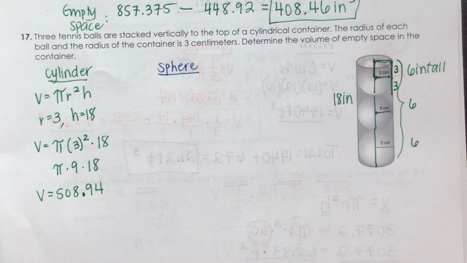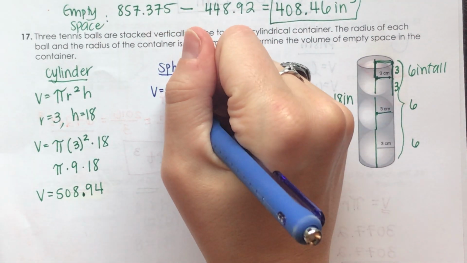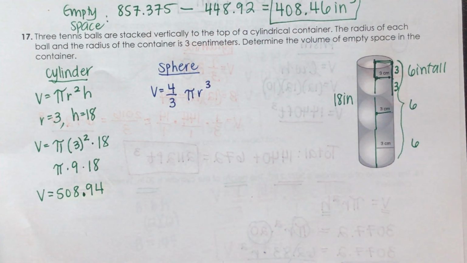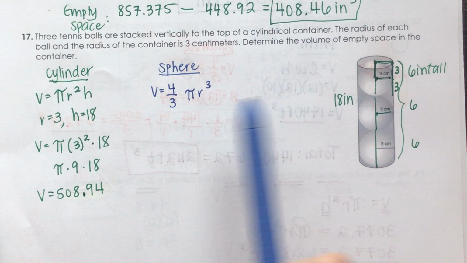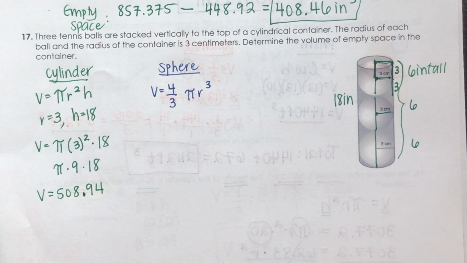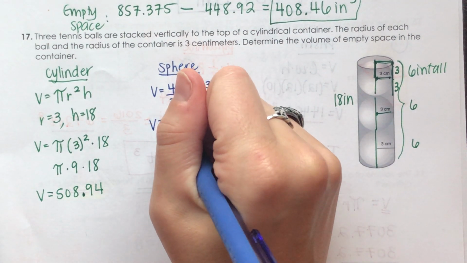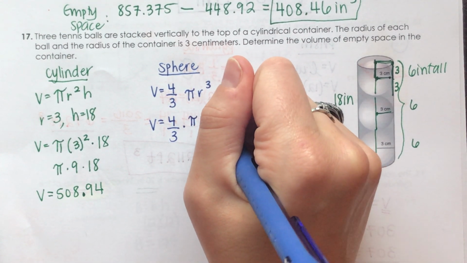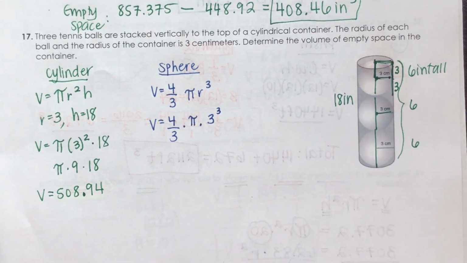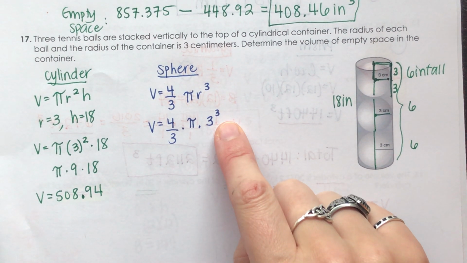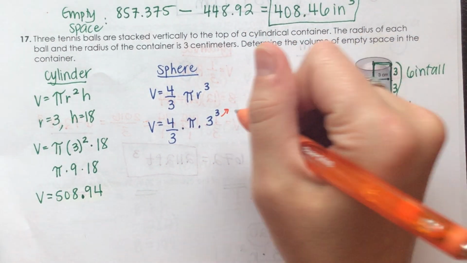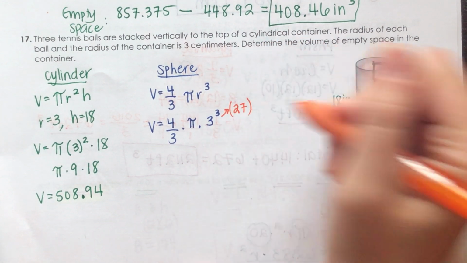So to find the volume of a sphere, I do 4/3 pi r cubed. Now I already know my radius, because my radius is given to me, it's 3. So let's plug that in. 4/3 times pi times 3 cubed. Well, the first thing I need to do is do 3 cubed because that's an exponent. Order of operations says I do that first. So if I cube that, I really get 27.